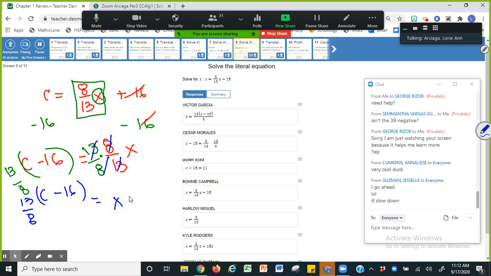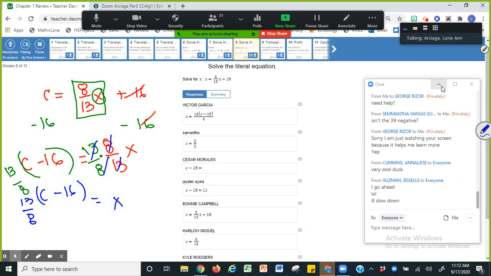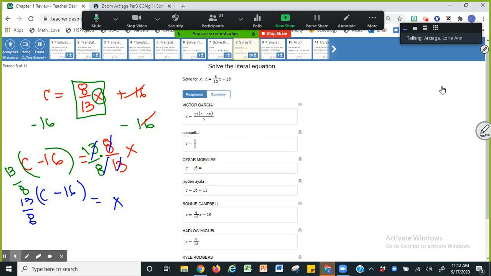And you will get, if you distribute that, it will become 13 over 8 times c minus 13 over 8 again times 16 is equal to x. Okay. Now I don't know what's 13 times 16. Can you check that for me? Is it 200 something?